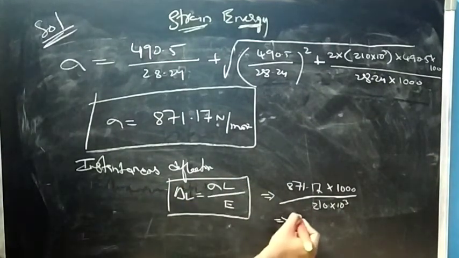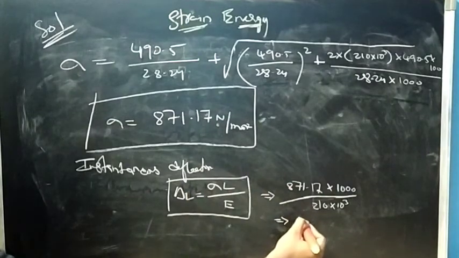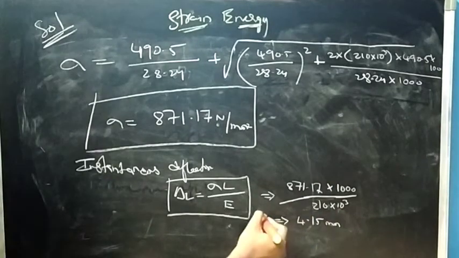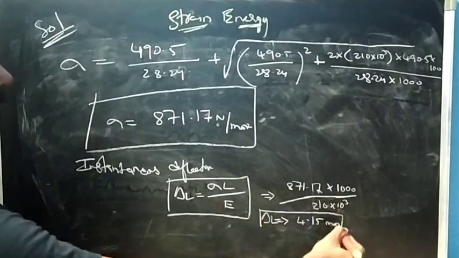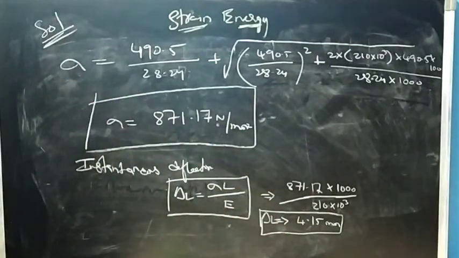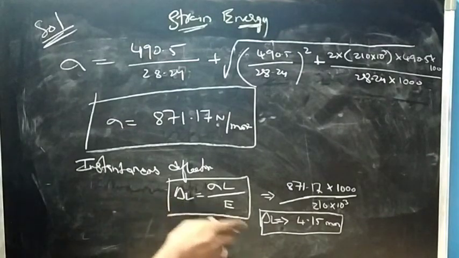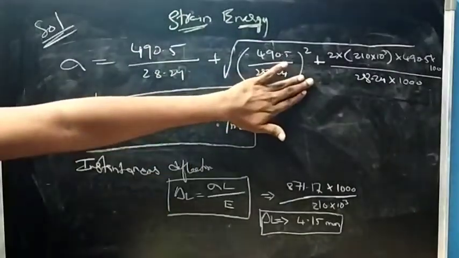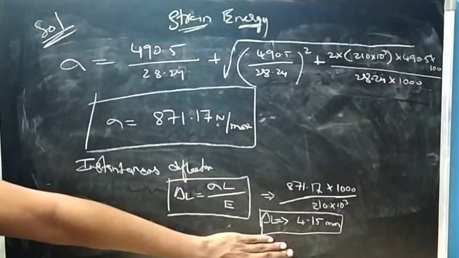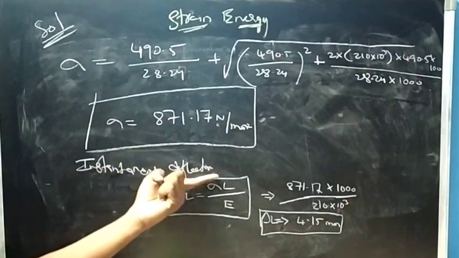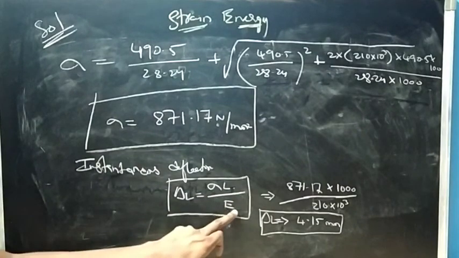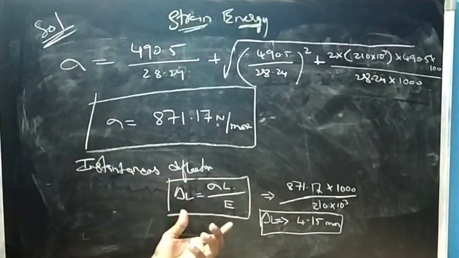So we got the elongation, deflection is 4.15 mm, delta L, right? So now you got the deflection, we got the stress, we got the impact stress. So this is the formula, and this is how you can calculate the instantaneous deflection, that is delta L equals sigma multiplied by length upon Young's modulus or modulus of elasticity.